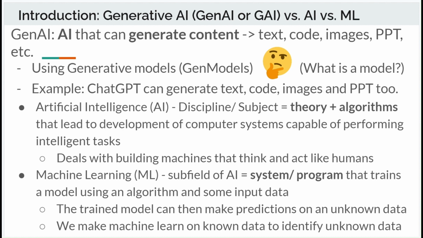If you ask it to, let's say, create a code to do a bubble sort or to find out a maximum number from a list of numbers, it will generate code for you and so on. So we can ask AI to do different tasks for us, and that is what is called generative AI over here.